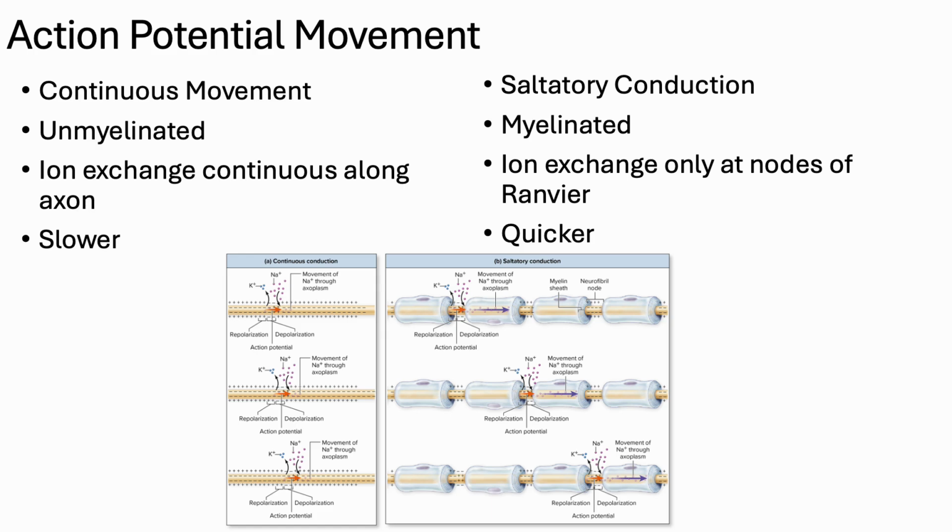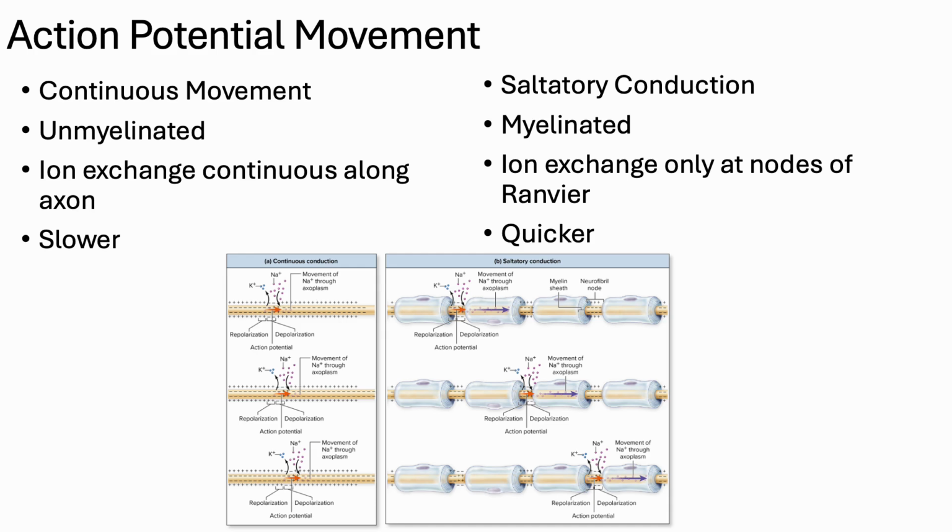It's the Schwann cell, right? Schwann cells wrap their fatty, lipid-rich plasma membrane around the axon. Now, what is the special glial cell responsible for myelination in the central nervous system? Those are the oligodendrocytes.